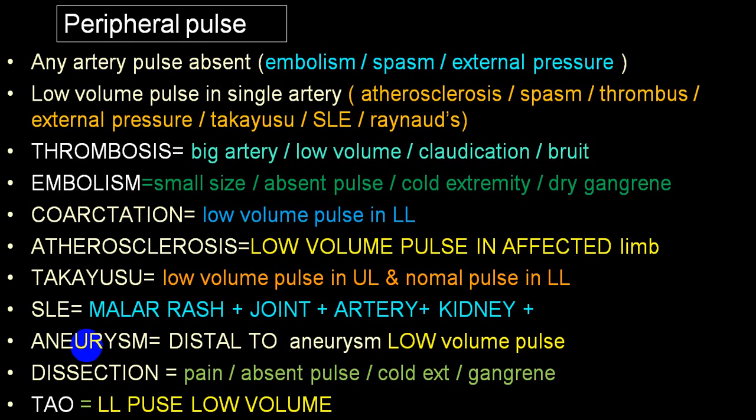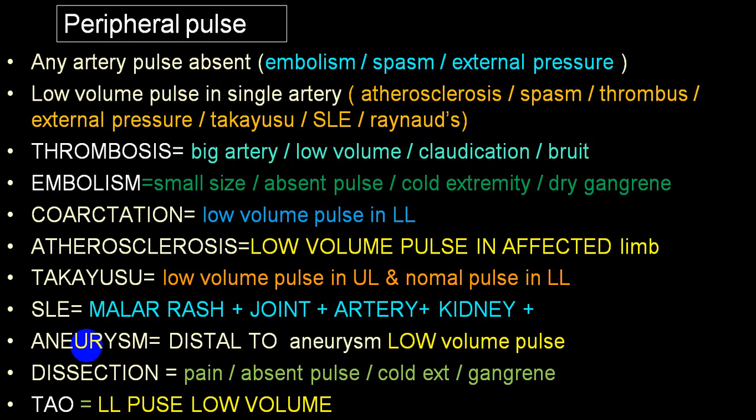Whichever artery is arising from the aneurysmal part or is after the aneurysmal portion, the blood flow is sluggish, hence the volume will be low, blood pressure will be low. But proximal to the aneurysm, the blood flow is normal, so volume will be normal, blood pressure will be normal, but it will not be high.